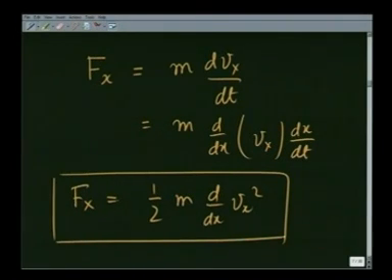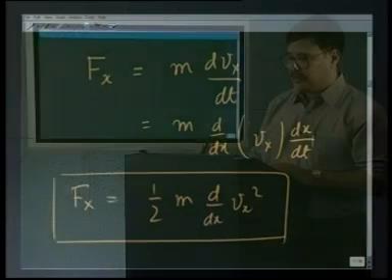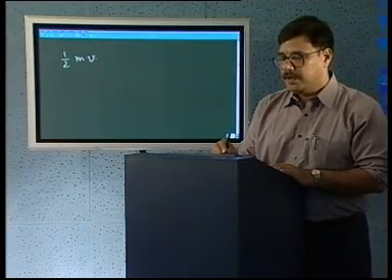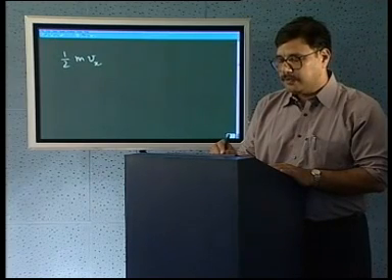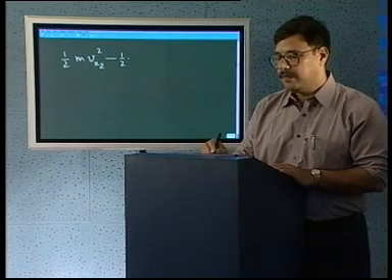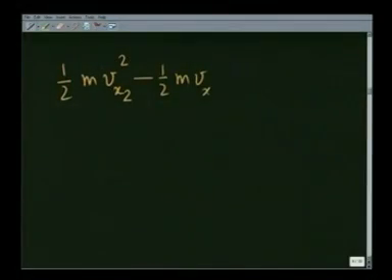If I integrate this equation, what I get is half m Vx at some position x2 square minus 1/2 m Vx at some position x1 square is equal to the integration of Fx dx from position x1 to x2.